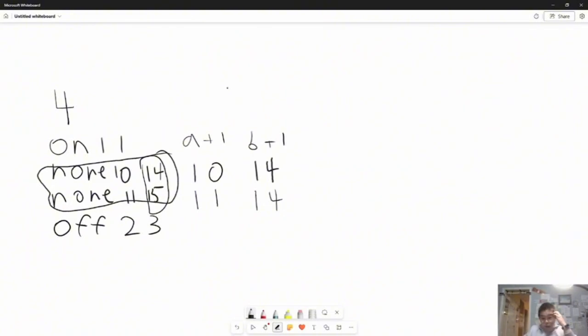Okay, so now going to the off, which is 2, 3. If we look at this here, it would be 8 and it would be 12.